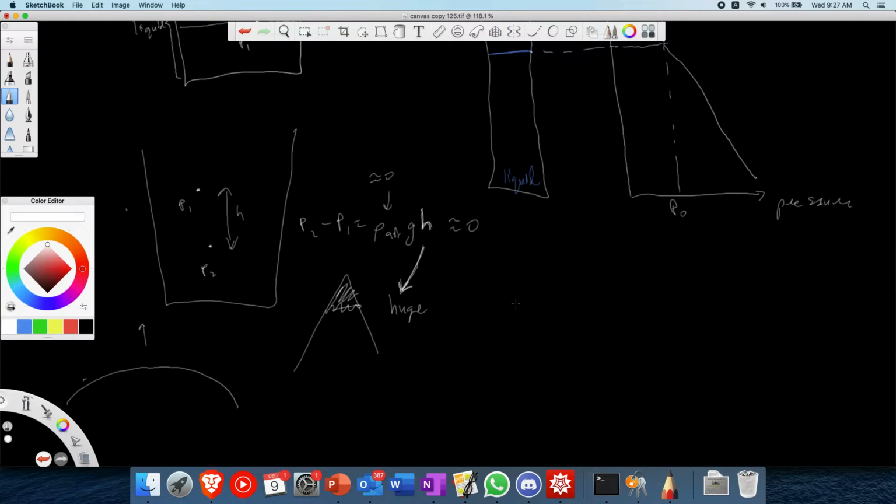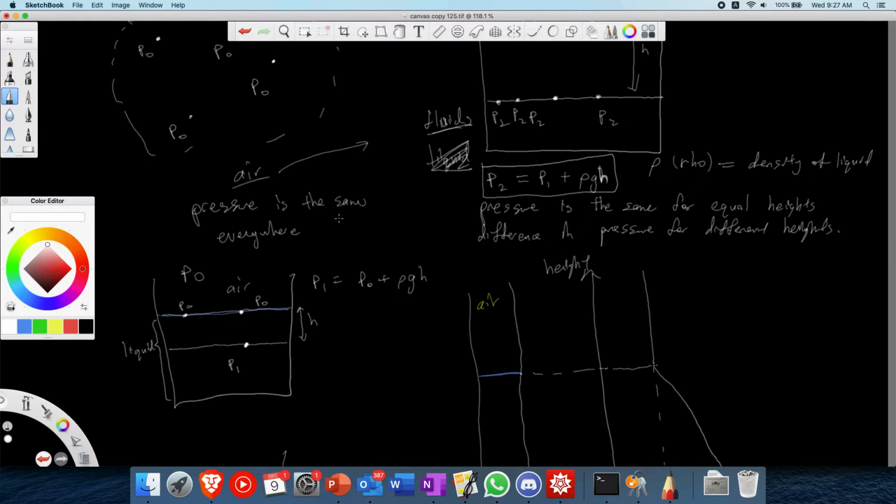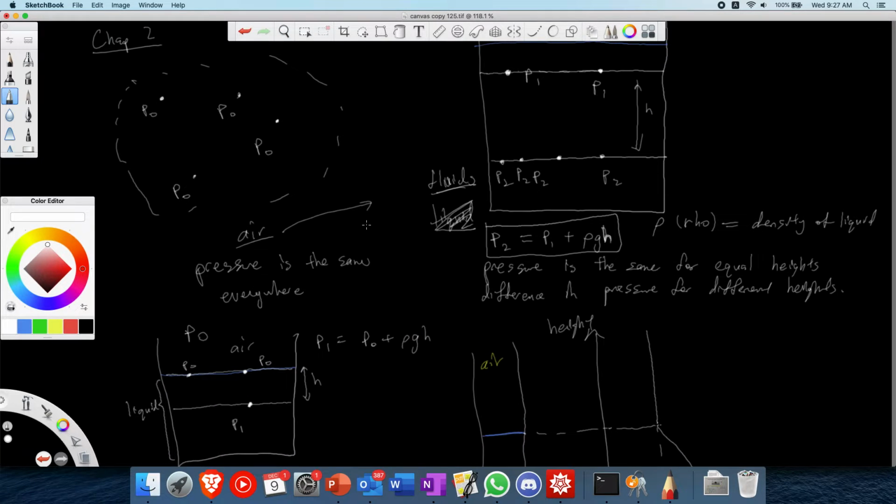So actually my statement that pressure is the same everywhere for air is not entirely true, because if you go to very high heights, like Mount Everest, then the pressure is not the same as if you stay on the ground.